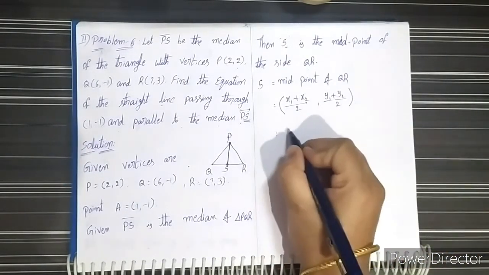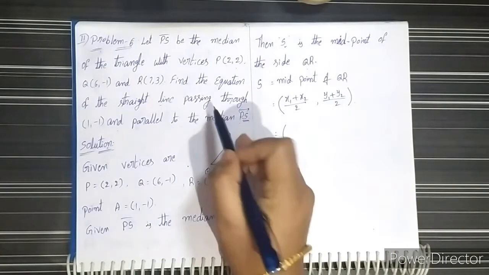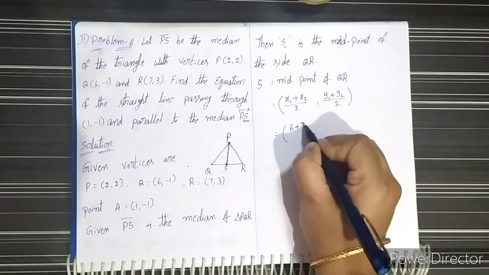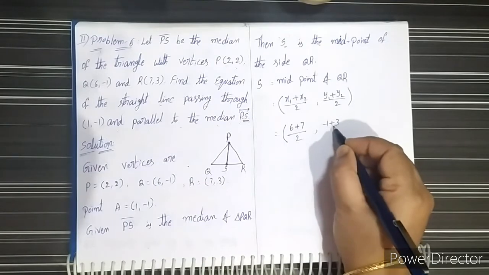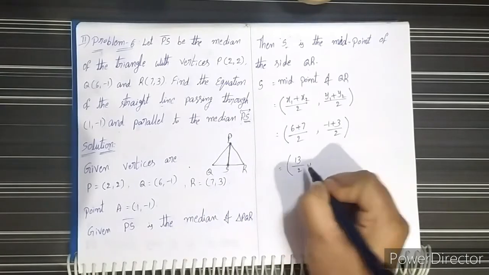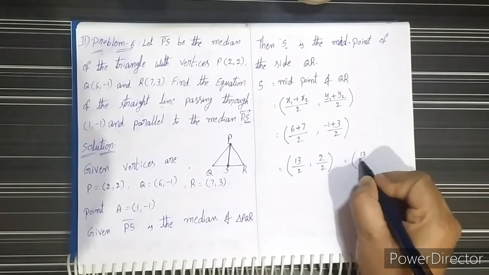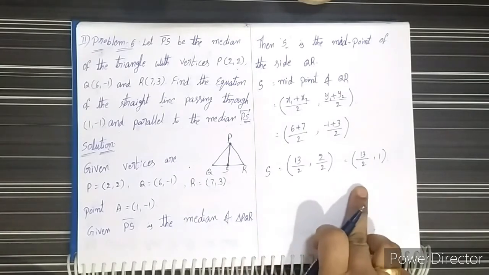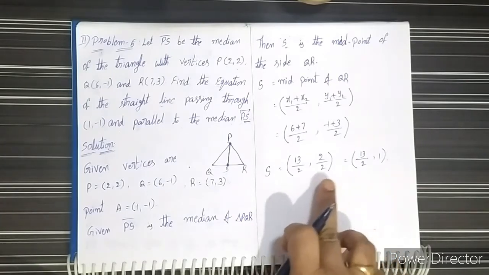Here x1, y1 and x2, y2 are taken from the points Q and R. So (6 plus 7) by 2, (-1 plus 3) by 2, which equals 13 by 2 comma 2 by 2, that is 13 by 2 comma 1. This is the midpoint coordinate.